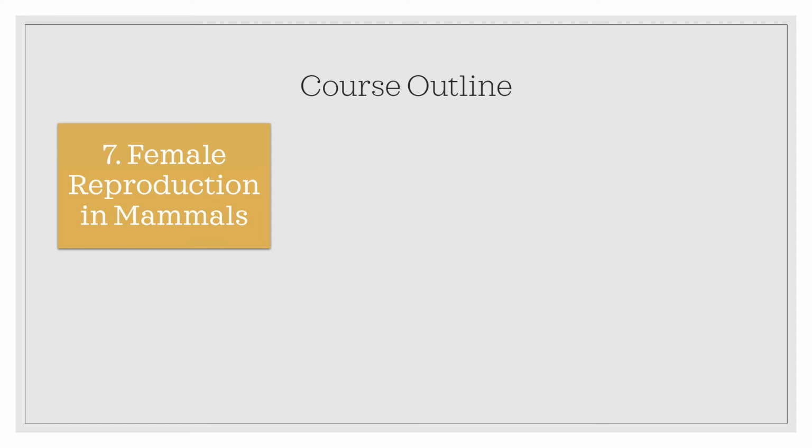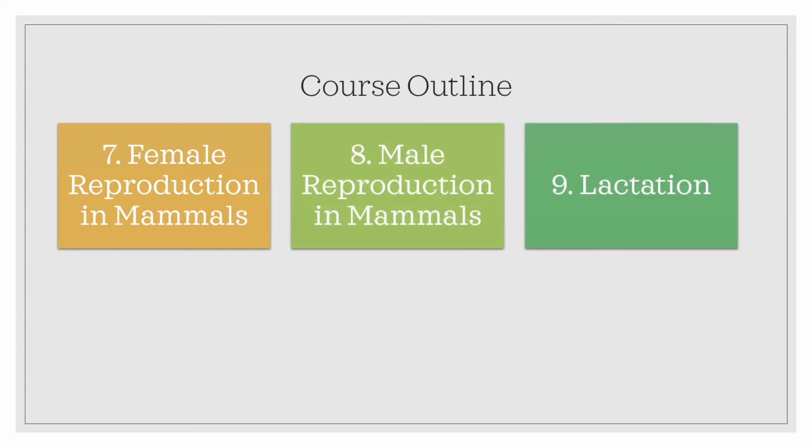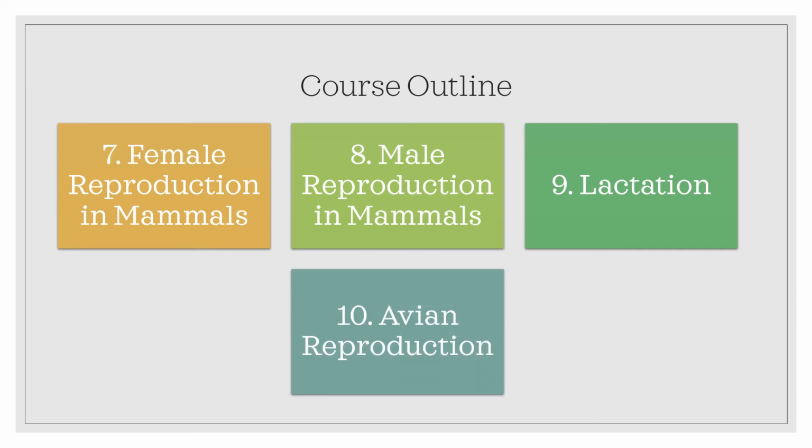We are also going to study the activity of the ovarian follicle, the pregnancy, parturition, as well as the involution of the uterus. The second part will be on the male reproduction in mammals, and the topics under this are, of course, the spermatogenesis as well as the factors that affect the testicular function.